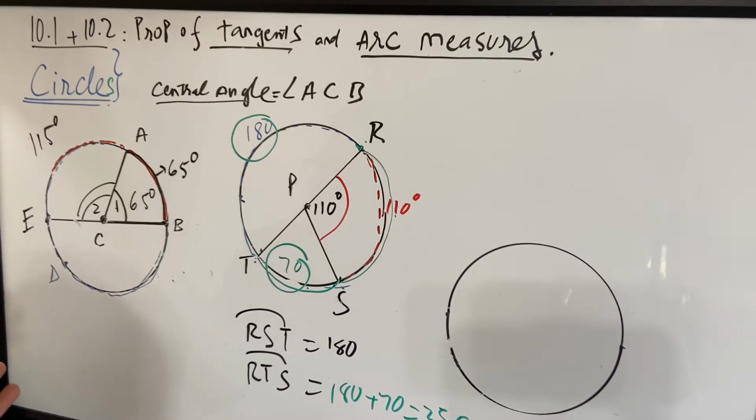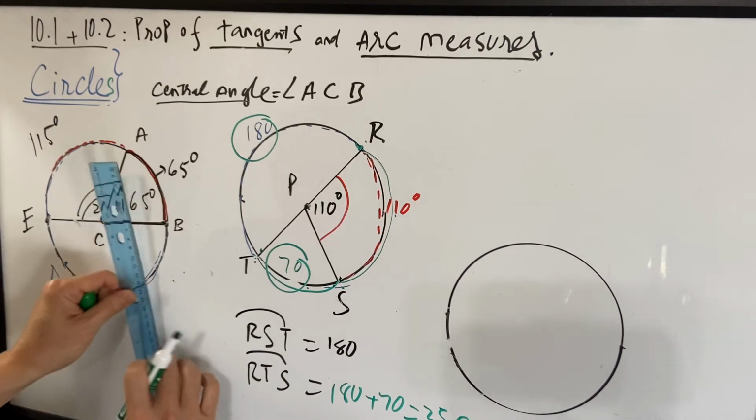I'm going to move into example 3 and help you capture one significant concept right here: how do you compare arcs? Sometimes you have an arc at 90 degrees. Look at this.